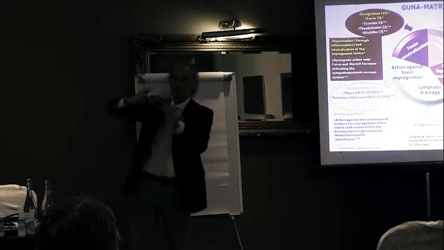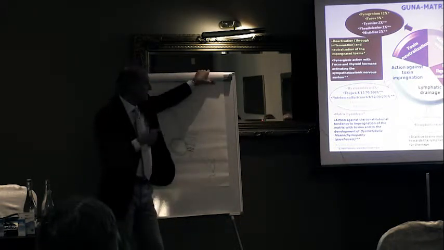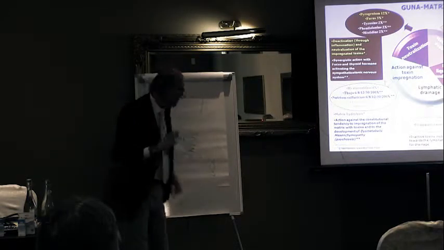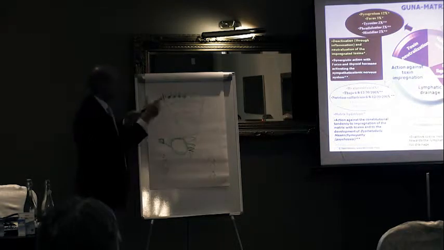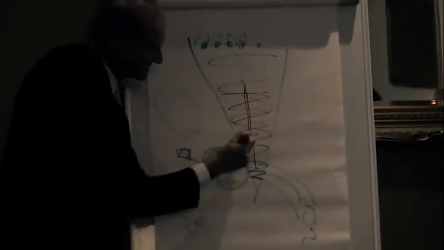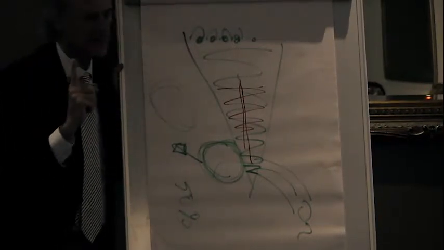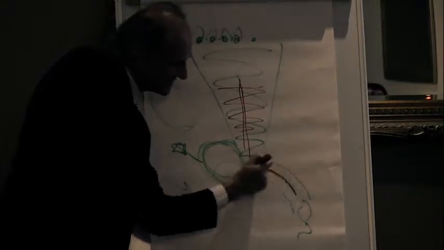I mean, you induce the lipokinesis of the fat cell. Interesting drug. So you have to imagine that using GUNA Matrix, you unload the overload of toxins from the extracellular matrix, especially from the fundamental substance, to the lymphatic vessel.